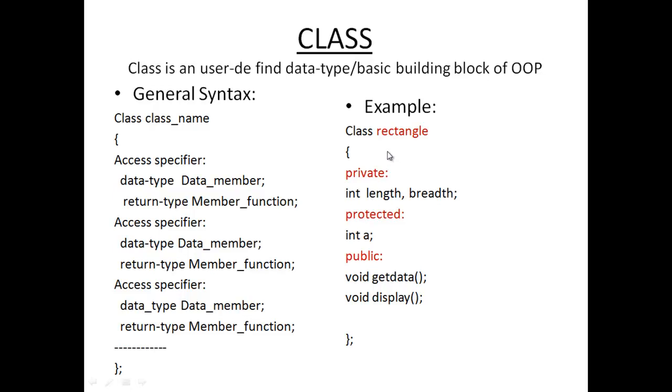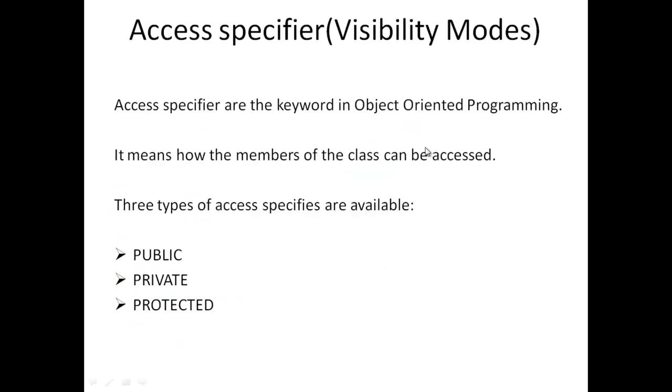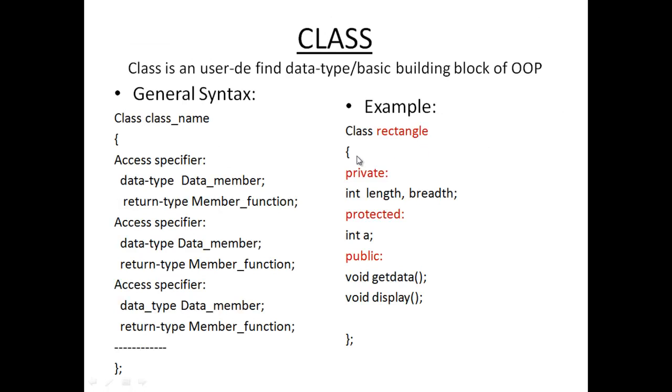Here I am writing a class Rectangle. This Rectangle class is written followed by the keyword class. Okay, then within the brace, you see within the brace I am declaring some data members and member functions followed by a few access specifiers: private, protected and public. Okay, and the total body is written within the brace.